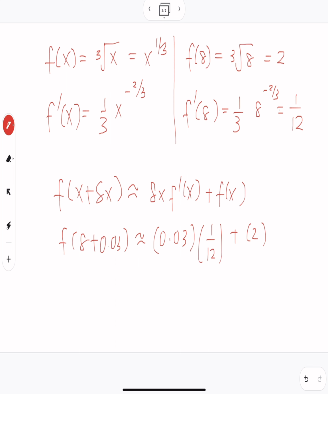So this one is the cube root of 8.03, which is f(8 plus 0.03). The approximate value, you just use your calculator to get 2.0025.